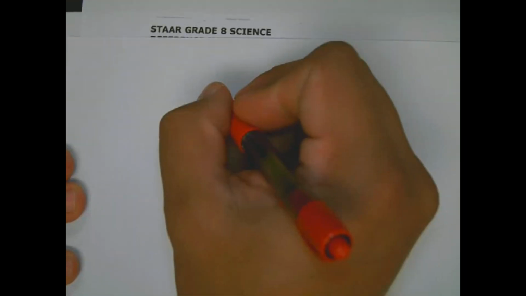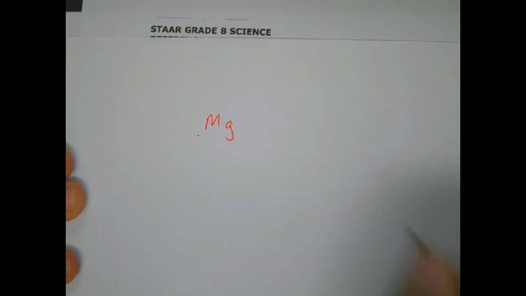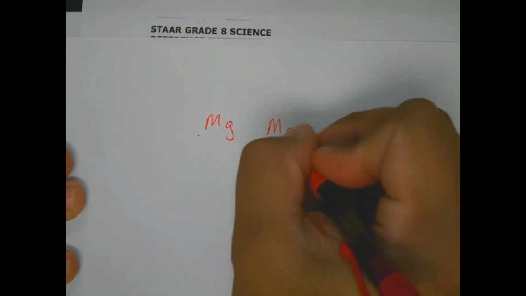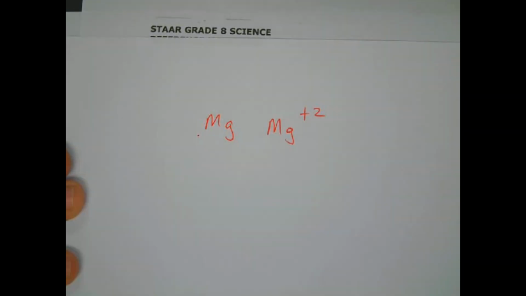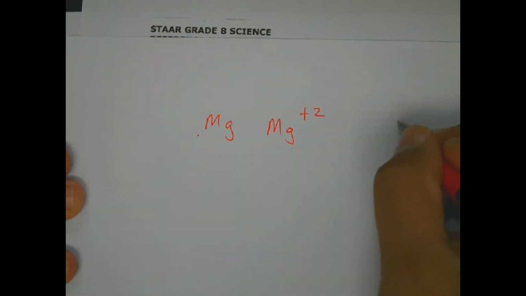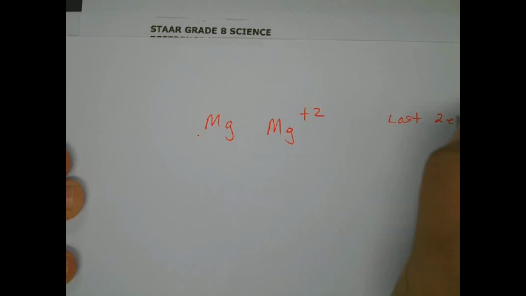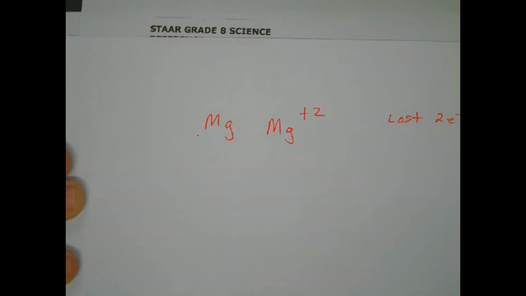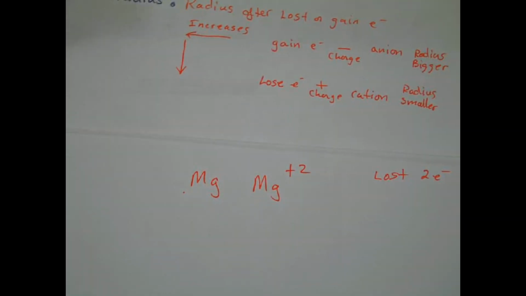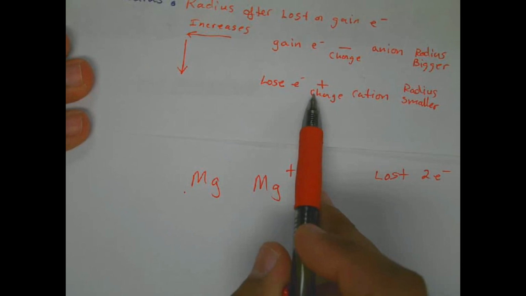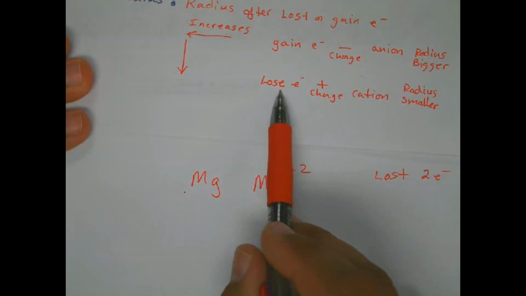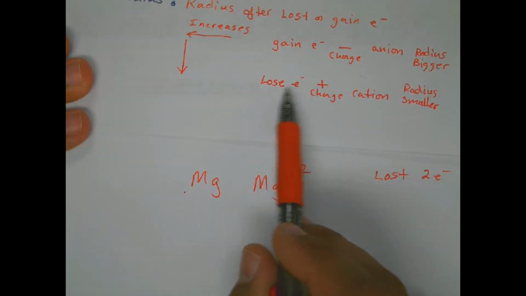If I have a magnesium, and I'm comparing it to a magnesium plus 2, well, what does plus 2 mean? Plus 2 means you lost 2 electrons, right? If you go back to your notes here, positive means you lost electrons.